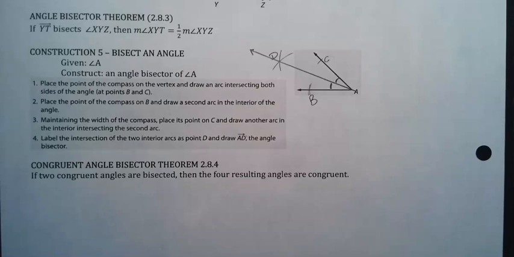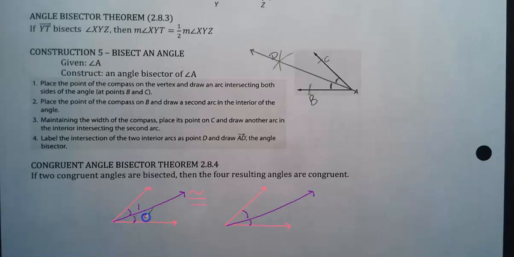So again, say I have this angle that is congruent to this angle. Pictures aren't drawn to scale. They may be terrible, but I'm telling you they're congruent. So if these two congruent angles are bisected, so I bisect this angle, which says this one is congruent to this one, and I bisect this angle, saying this one is congruent to this one, which it clearly does not look like, but I'm telling you it is, then all four angles are congruent.